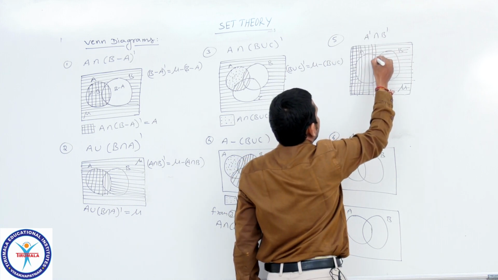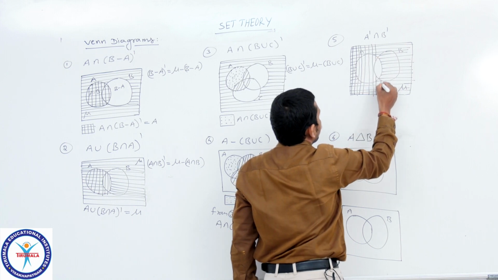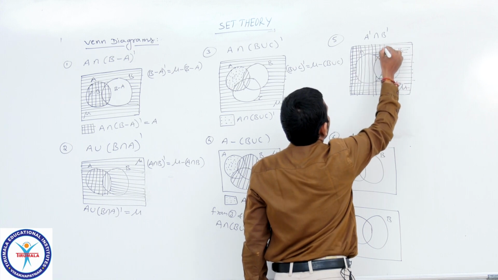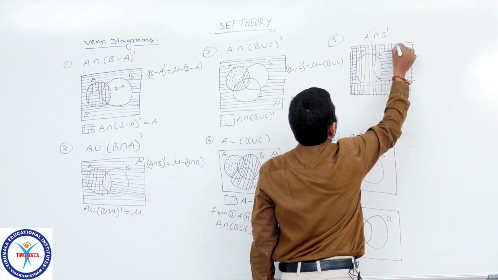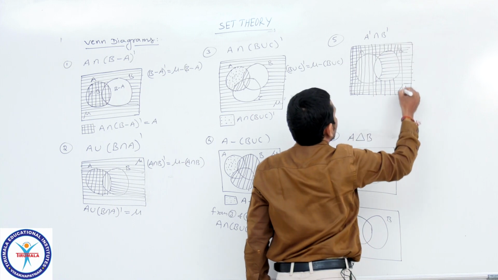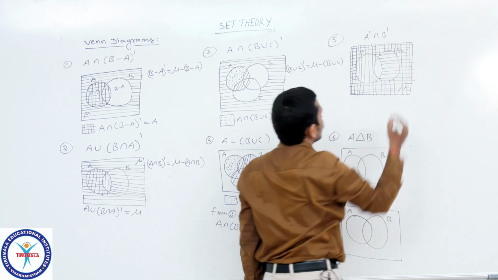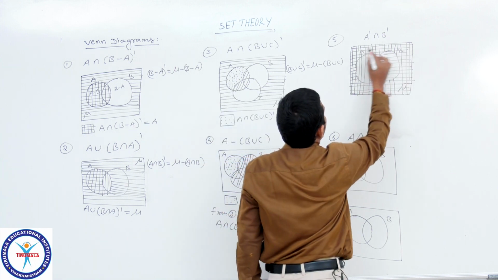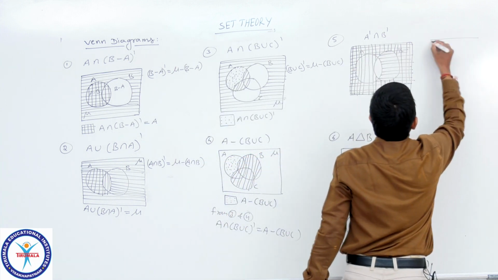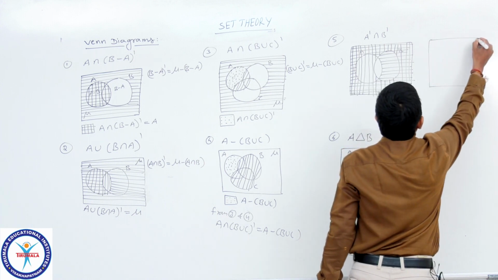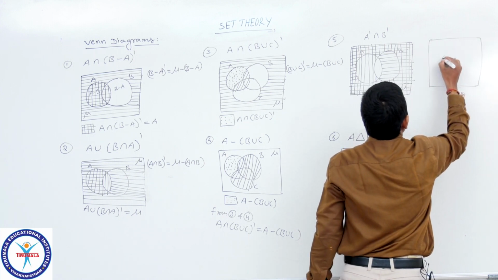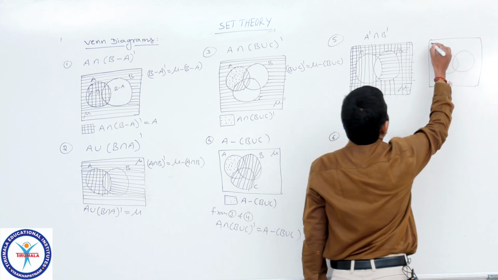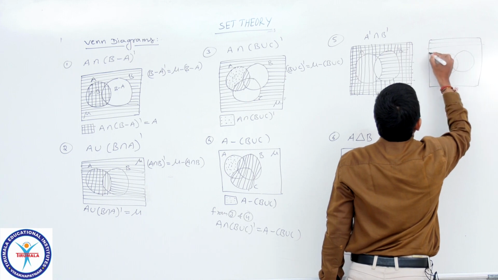So, here excluding B, from these two what is the common region? This double line region, means simply we can draw like this also. So, from this what we observed, the region which does not belong to A and which does not belong to B, remaining region.